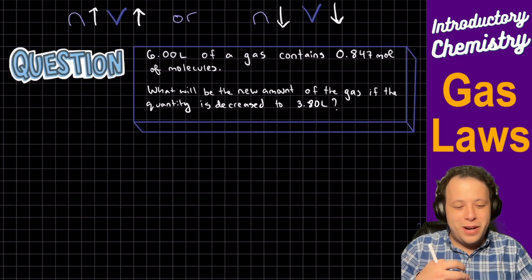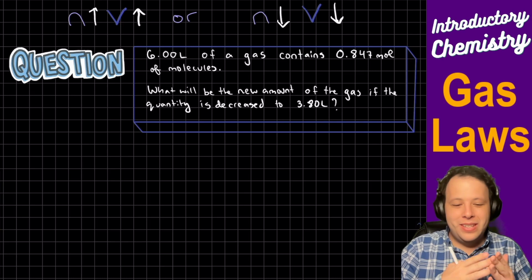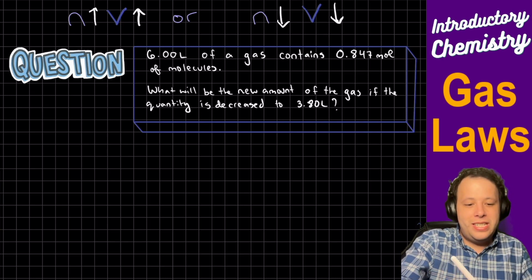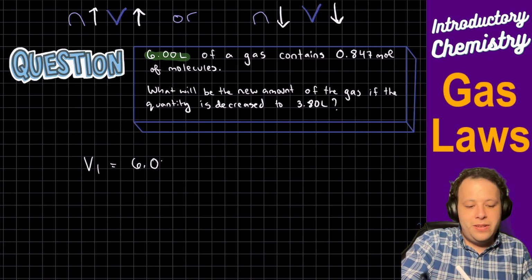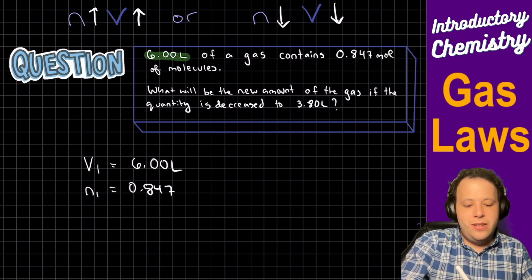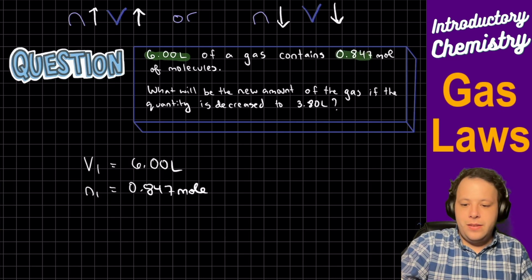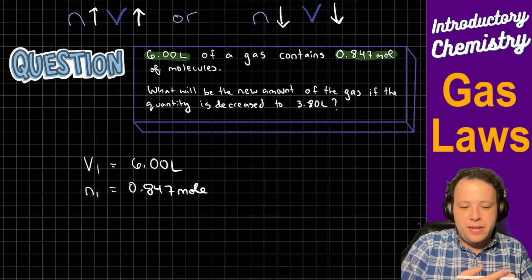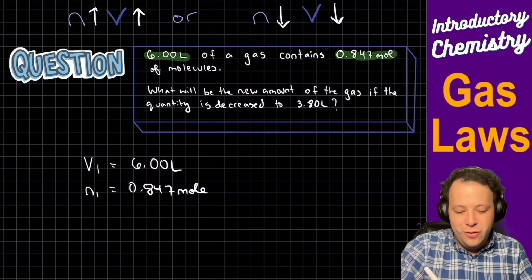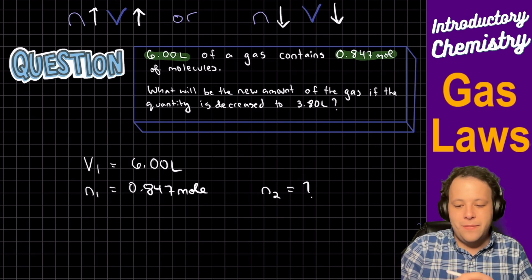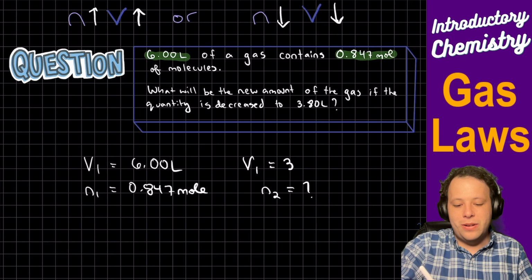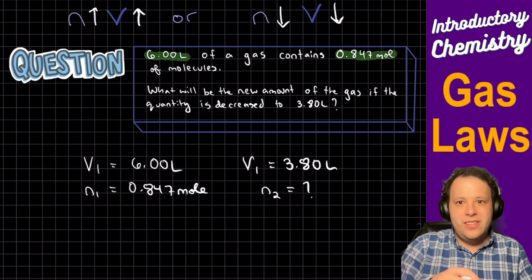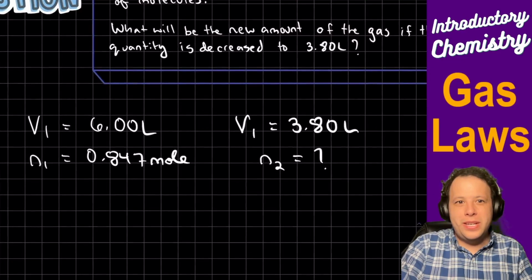If we want to do a problem with this, it's a simple one to end on: if I have 6 liters of gas, that's our initial volume, and it contains 0.847 moles of gas, what will be the new amount of gas, so we want to know what N2 is, if the volume is decreased to 3.80 liters.